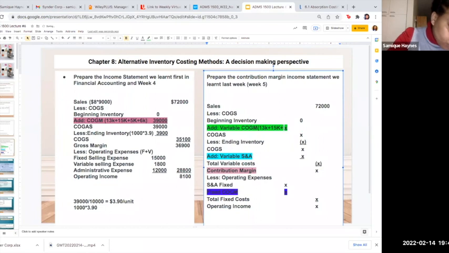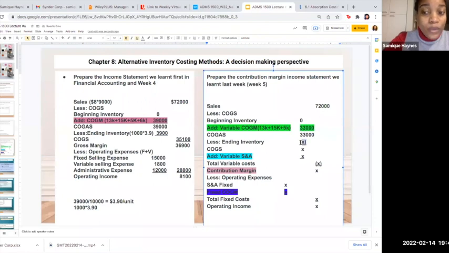And then we're going to use a variable overhead of 5K for variable manufacturing overhead. So this gives us 33,000. Cost of goods available for sale is 33,000 because there's no beginning inventory.